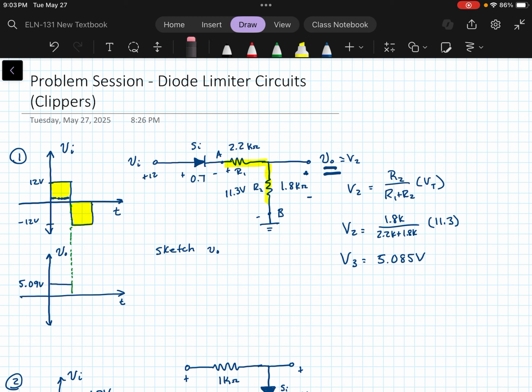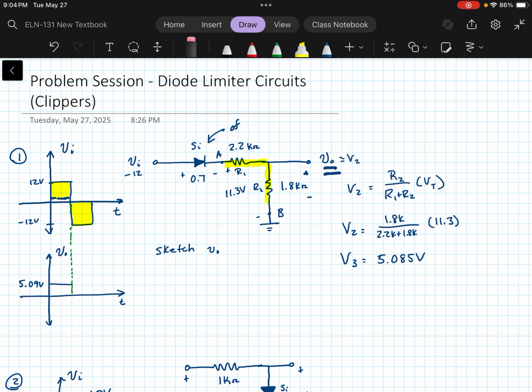And then let's look at what's happening once we switch to the other side and we're at negative 12. What's going to happen when this becomes negative 12 is that all of a sudden our diode would be off at that point, because now we have a lower voltage at the anode than we do at the cathode, and that is not going to work.